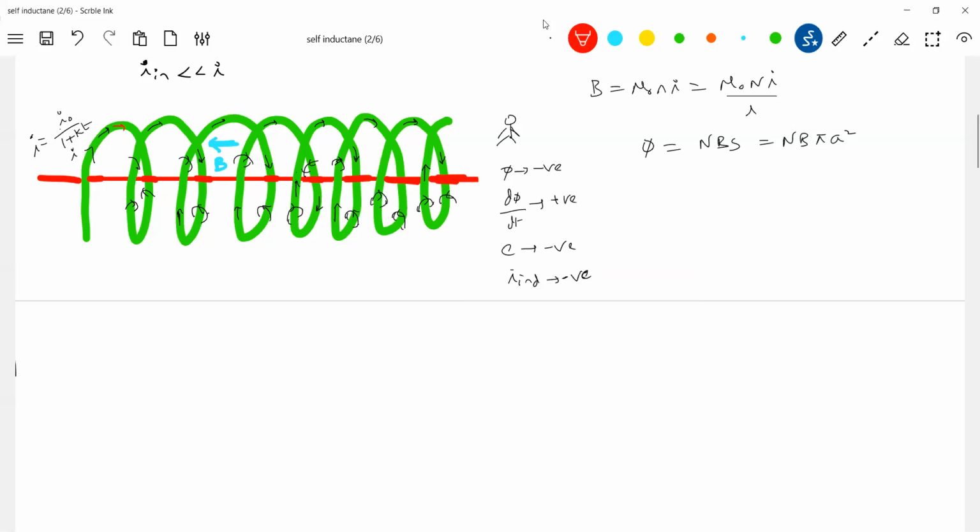This is a core idea. The previous condition and this condition are totally different. The direction of the induced current, the red color arrow, is such that it will support the actual current.